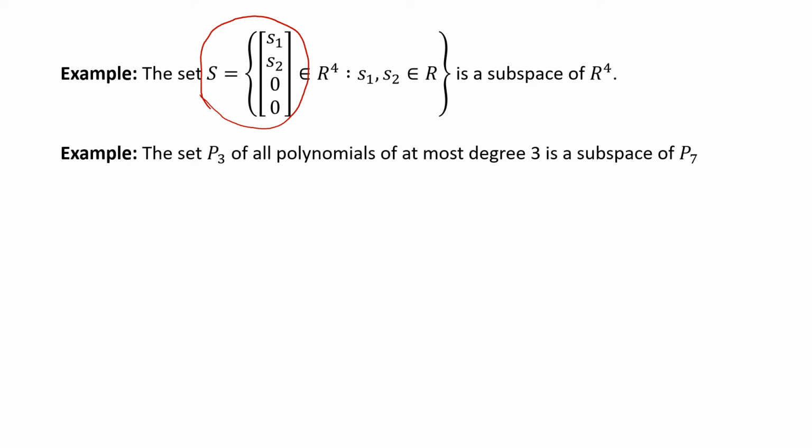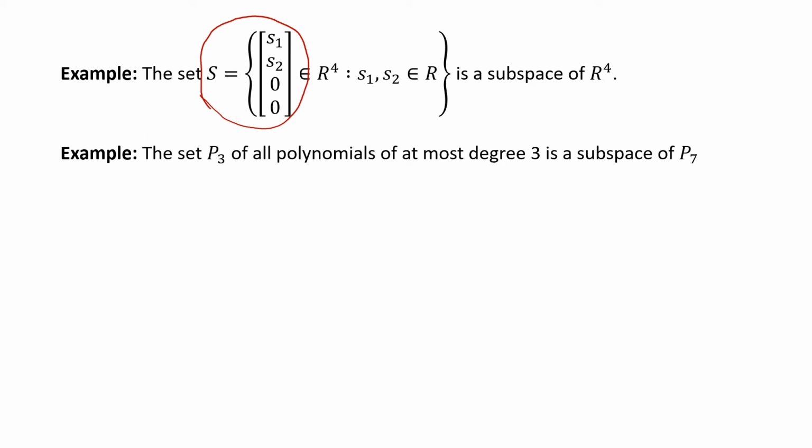Take any two of those, add them together, you're still in that set. The 0 vector is in there, where S1 and S2 are equal to 0. And if you multiply anything in S by a number, you're still in S. You still have those bottom two elements being 0.